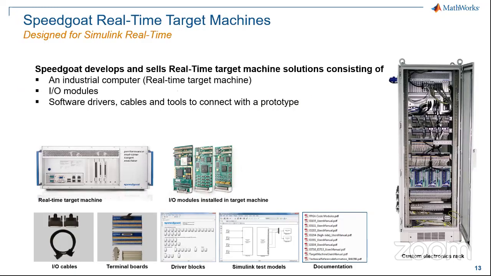And an alternative to verify your controller and physical system is using Simulink Real-Time on a target machine. Speedgoat is a MathWorks partner company focused on designing real-time controller hardware machines using MATLAB and Simulink. What makes it unique is that we can quickly generate the controller code for rapid control prototyping on a dedicated computer that can execute in real time and use high-speed I/O to communicate with test hardware.